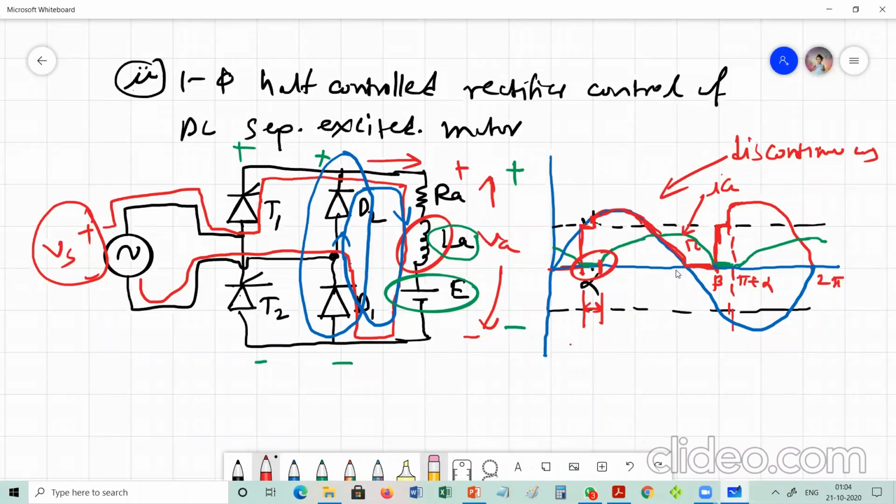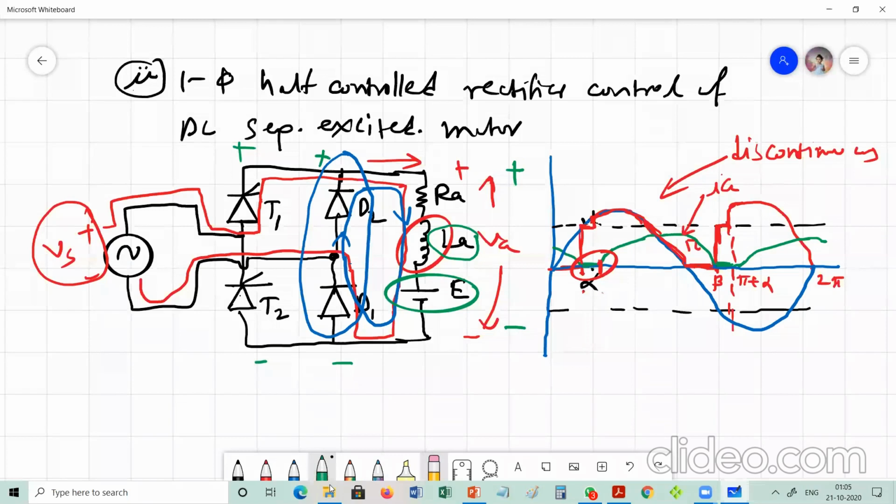Now, for the single phase half controlled rectifier, I will show you.